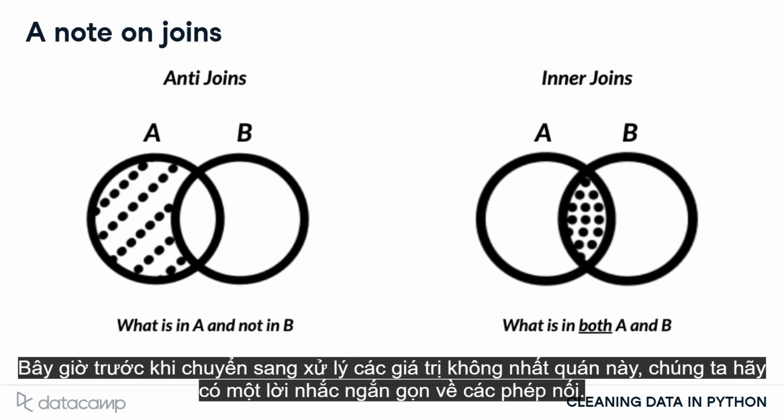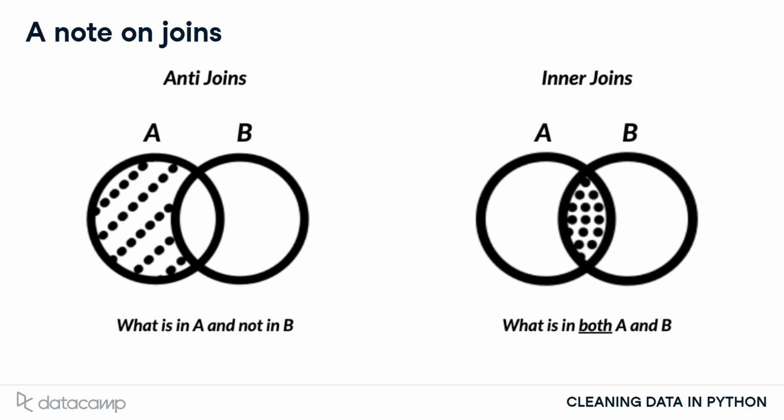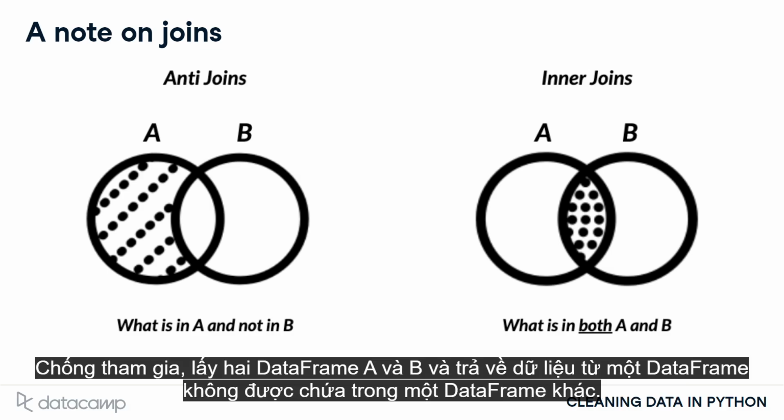Now, before moving on to dealing with these inconsistent values, let's have a brief reminder on joins. The two main types of joins we care about here are anti-joins and inner joins. We join data frames on common columns between them. Anti-joins take in two data frames, A and B, and return data from one data frame that is not contained in another.